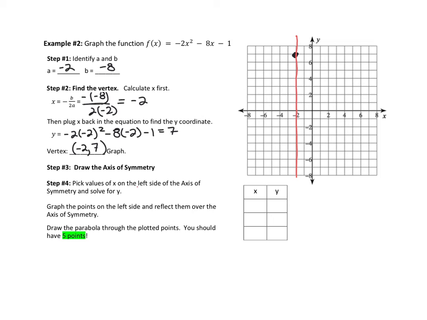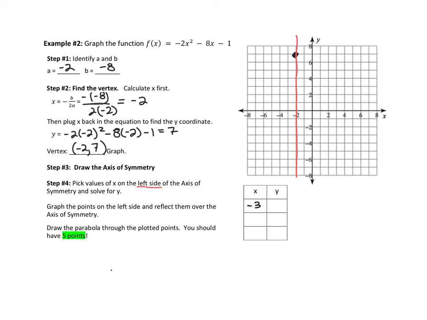All right, now we're going to pick 2 values of x on the left side. So on the left side, we see that -2 is on the axis of symmetry, so we're not going to pick -2. So on the left side of this line would be a -3 and a -4.